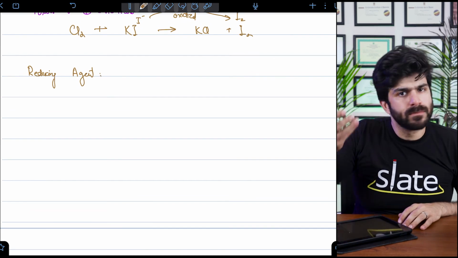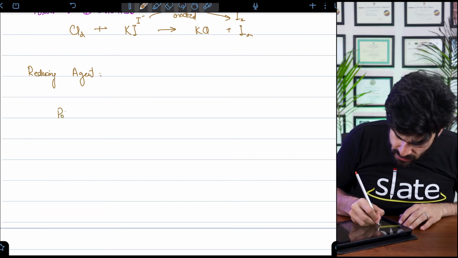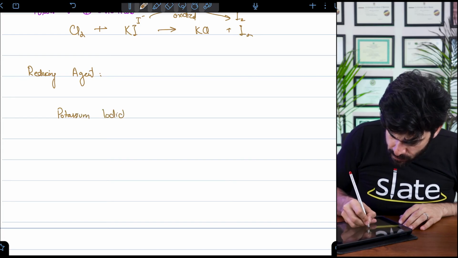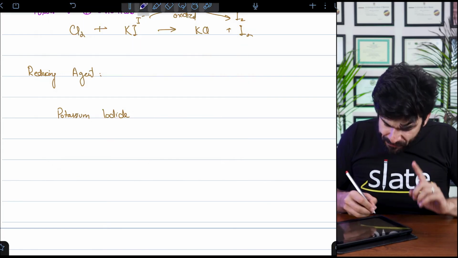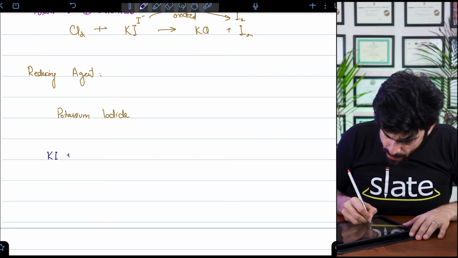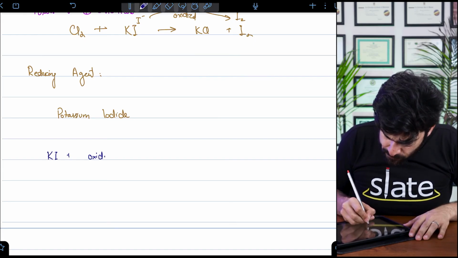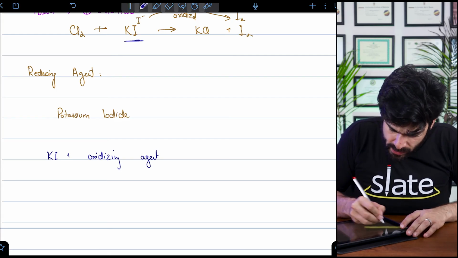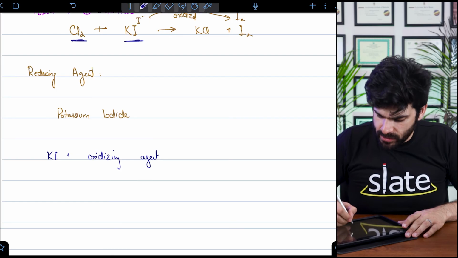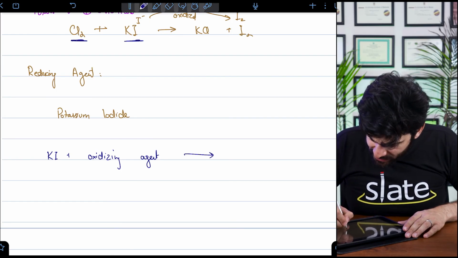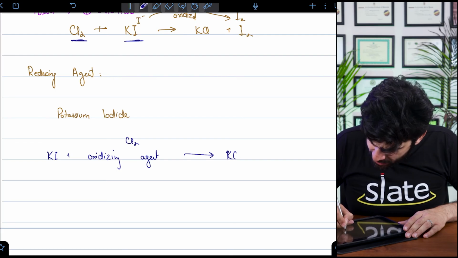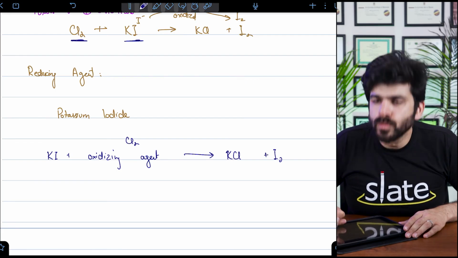Likewise, for reducing agents, the important one is potassium iodide. So if I react potassium iodide with an oxidizing agent, just like this one, Cl2 is an oxidizing agent, we will get, for instance, KCl here plus I2.